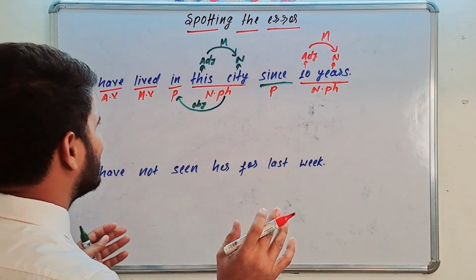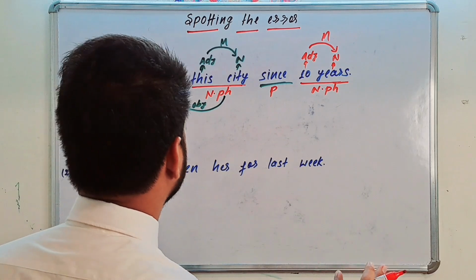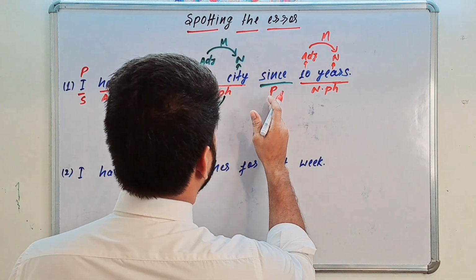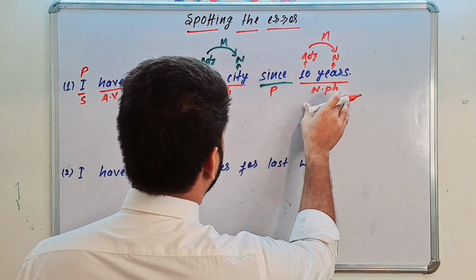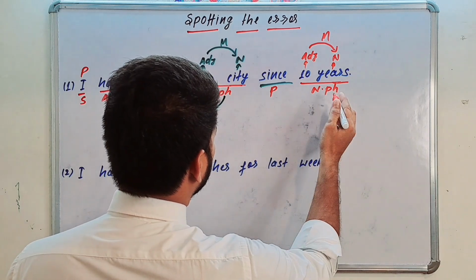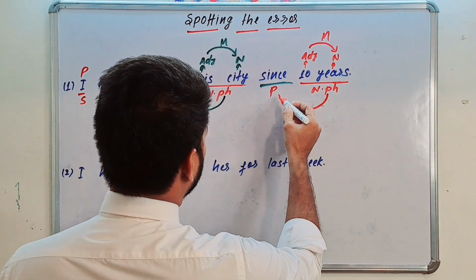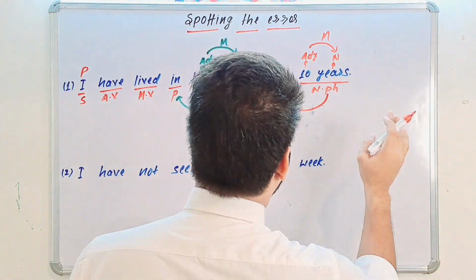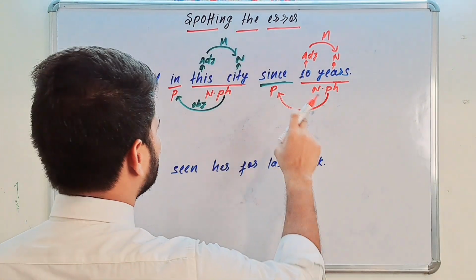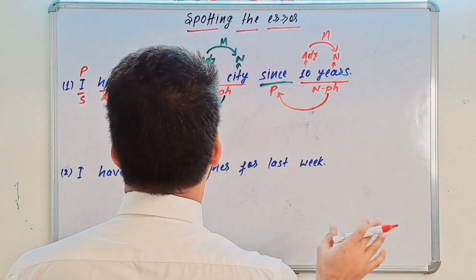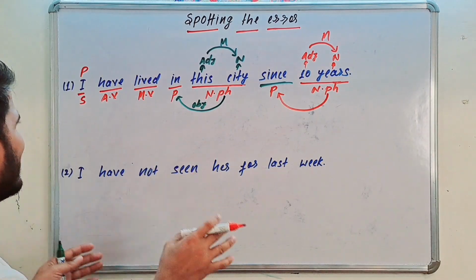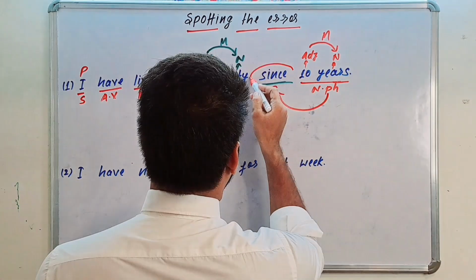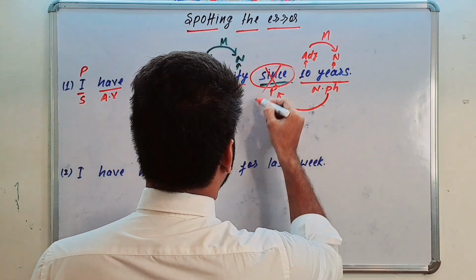I have lived in this city since 10 years. Again, the preposition is followed by a noun phrase, so the noun phrase "10 years" is an object of the preposition since. This is your error part.